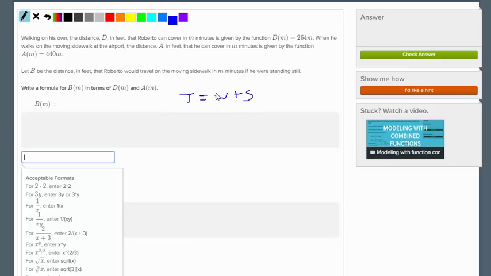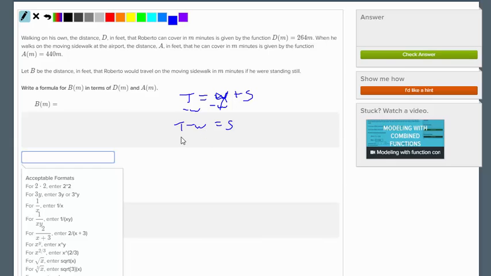So the total that he walks is how much he walks plus how much the sidewalk adds. So this says I just want to find how much he would travel if he were standing still, which means I want to get rid of the W to give me just how much the sidewalk is.